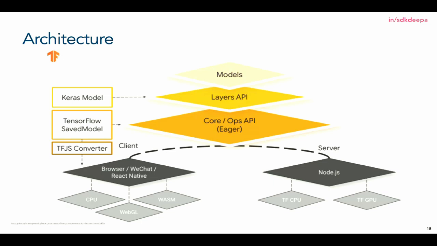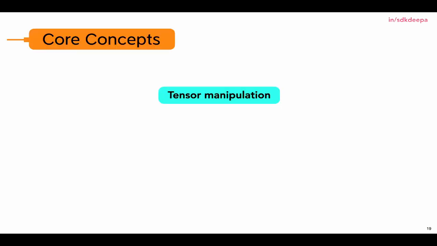For example, you can deploy it on the browser, on an app like React Native, and WeChat uses it as well. And then on the server side, you would still use Node.js, and you can use it along with WASM and WebGL too. So that is something that I wanted to talk about.